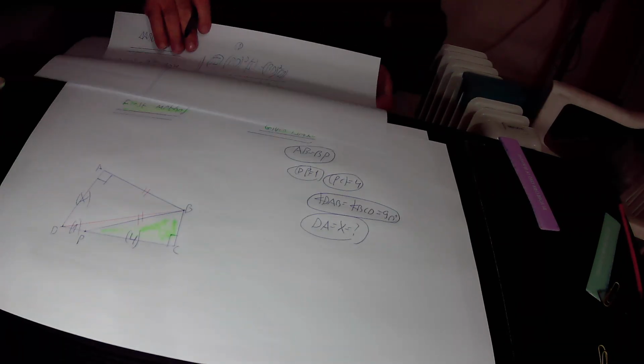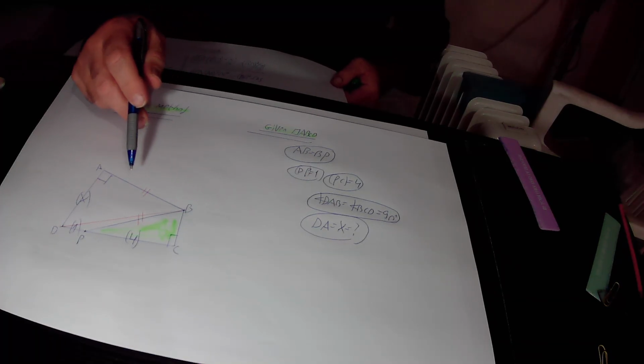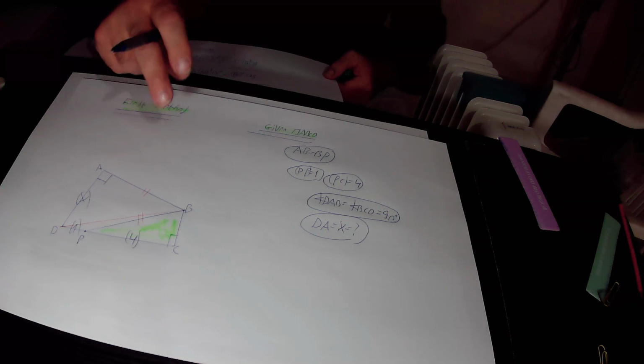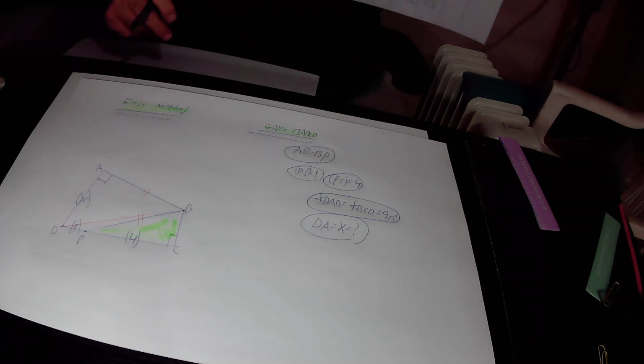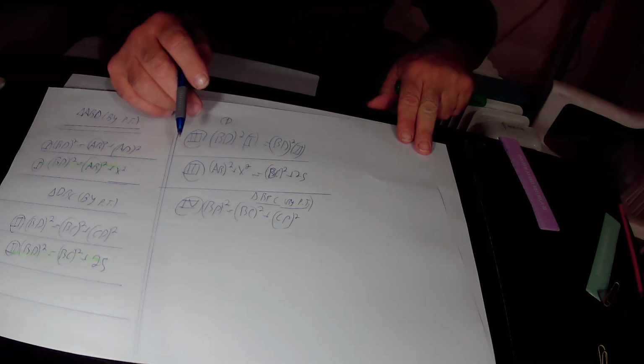According to what is given, AB equals BP. So we can substitute BP by AB, because they are equal to each other. So BP squared is AB squared.